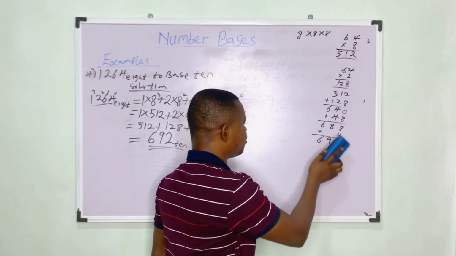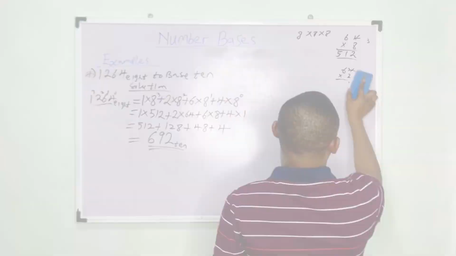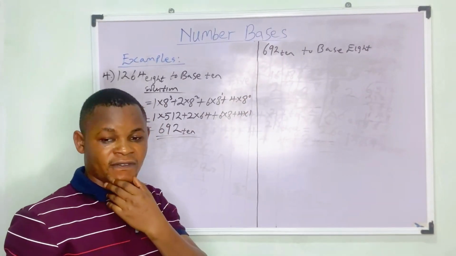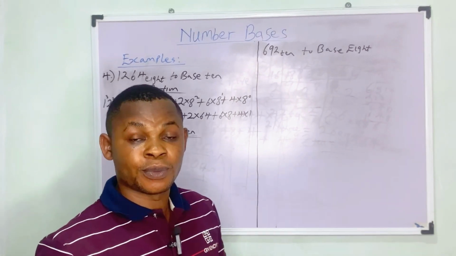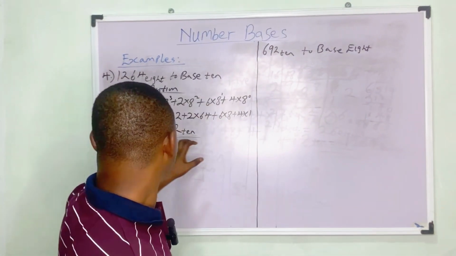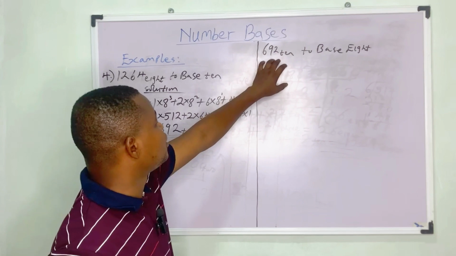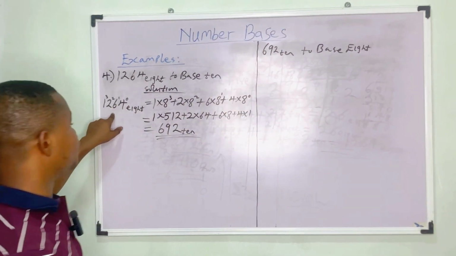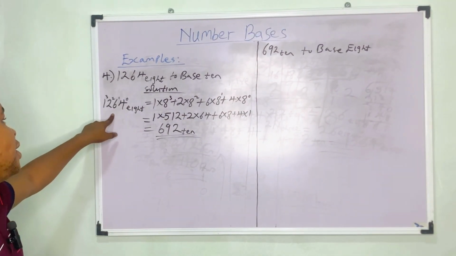So let's get it done now. Yes, like I said, for clarity, so that we'll be sure that we know what we're doing, let's convert 692 in base 10 back to its original form, which is base 8.